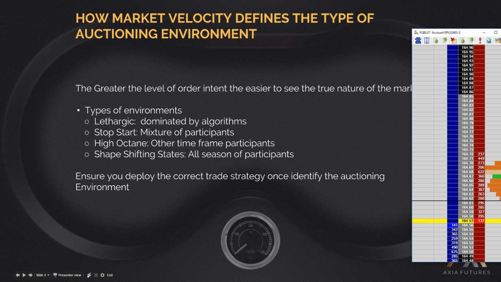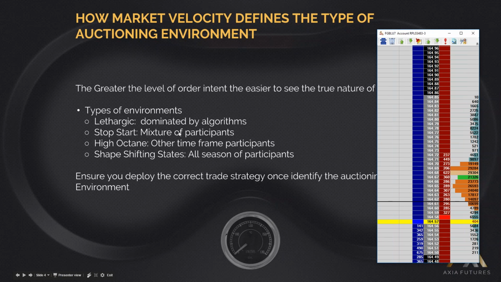So how I would define a lethargic market is when the orders going through the order book are 20 lots every say 10 seconds, and there's nothing going through the market. A lot of times that can be dominated just by market makers, people just passively waiting on the bid and the sell, hardly ever any orders going through.